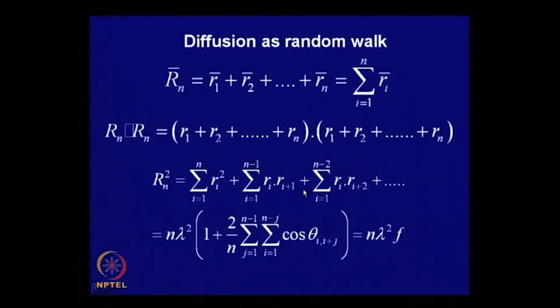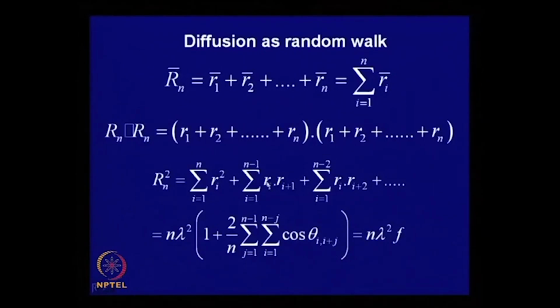Now, while looking at some of the solutions in the last class, what came out is that the process of diffusion can be simulated as a random walk, and this expression was partly derived up to this point, but you can simplify it, add these terms, and get a factor like this.